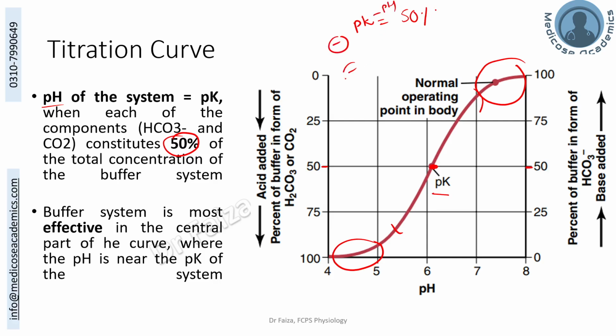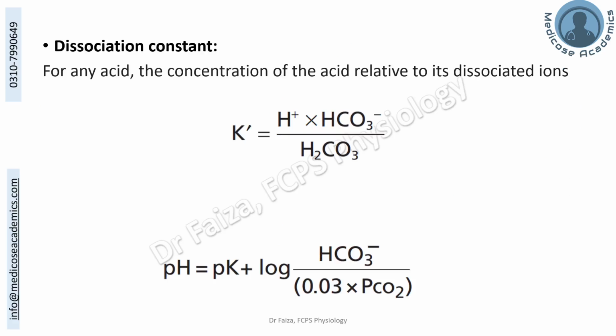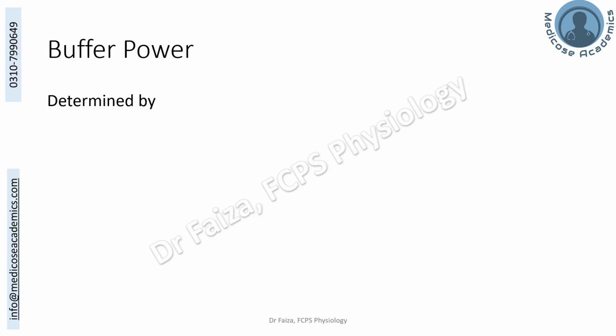Number two, the buffers are most effective when pH of the system is close to the pK. This is the example of the bicarbonate buffer system and its dissociation constant. For any acid, the concentration of the acid relative to its dissociated ions, and the Henderson-Hasselbalch equation can be used to estimate this dissociation constant.